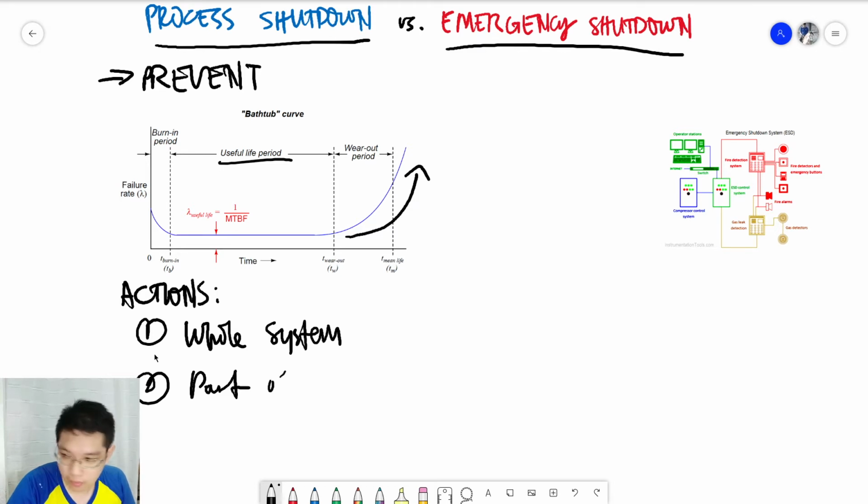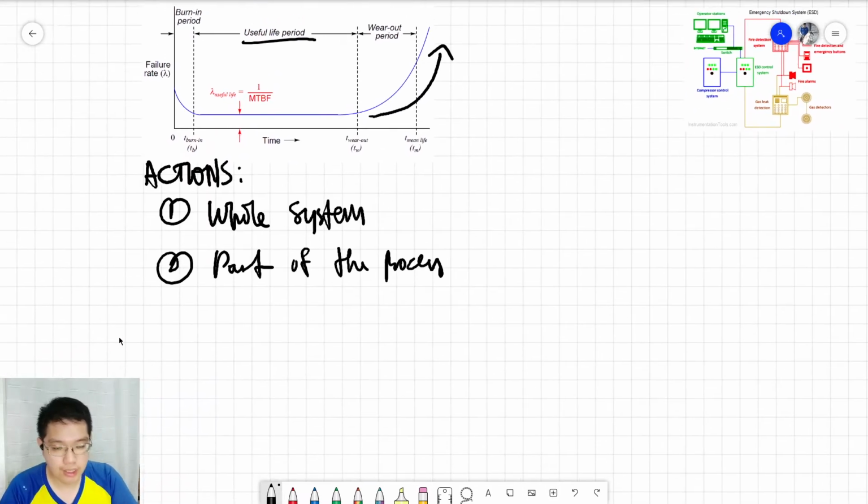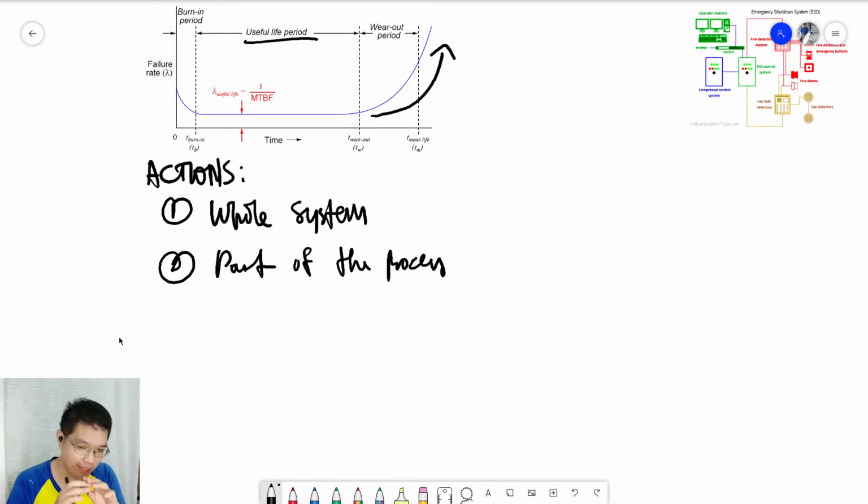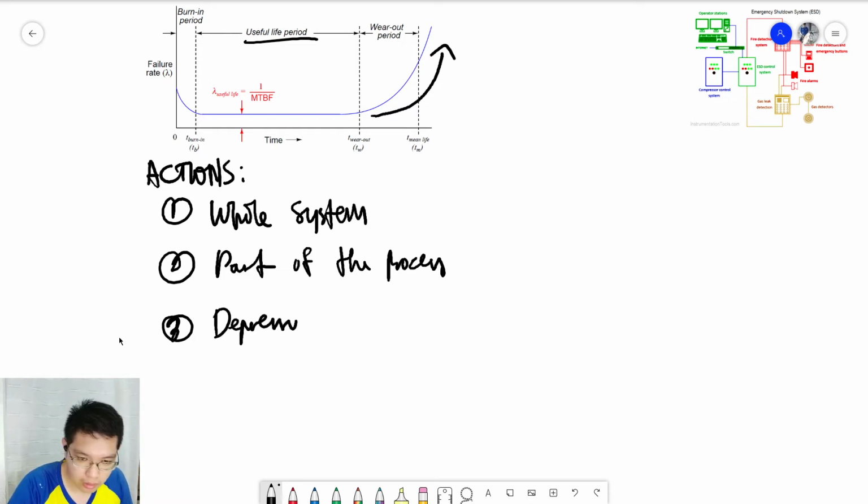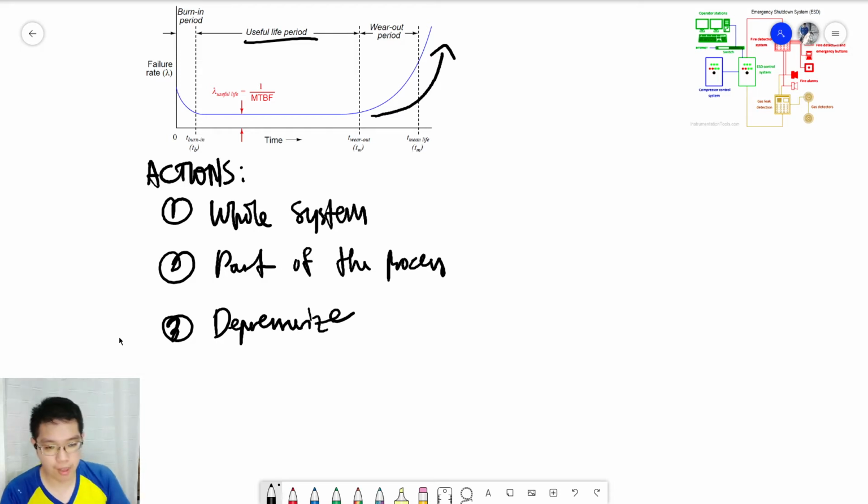You can also shut down part of the process. If the problem can be isolated to only a specific part, then you can shut down that specific part. Part of its actions is also to depressurize a certain part of the process.